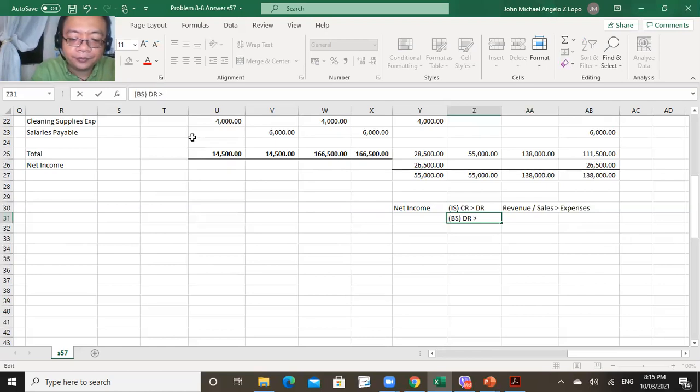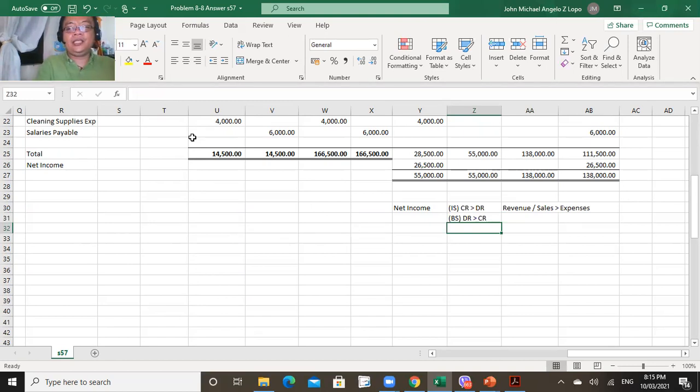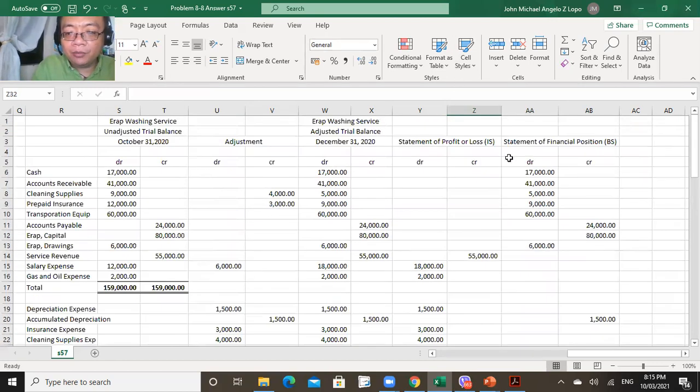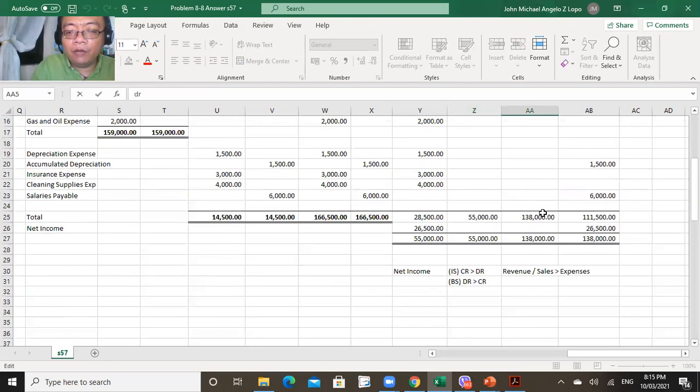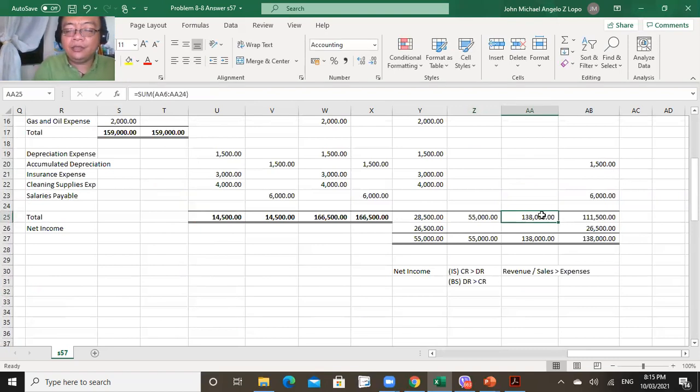Why? Anyone? If you are good in analysis, why is it that the debit balance is more than your credit in the balance sheet section? Di ba, as you notice here, mas malaki, you have a more debit side of 138 versus 111,500.